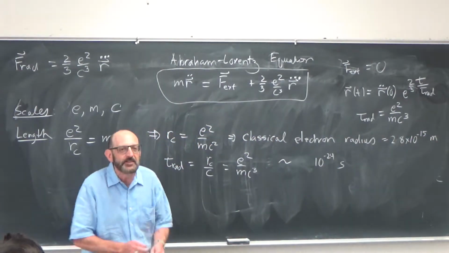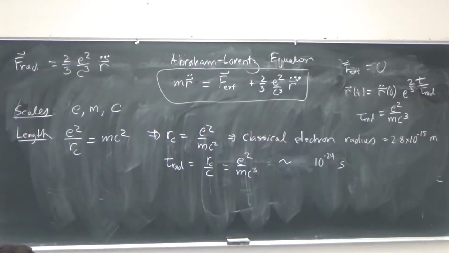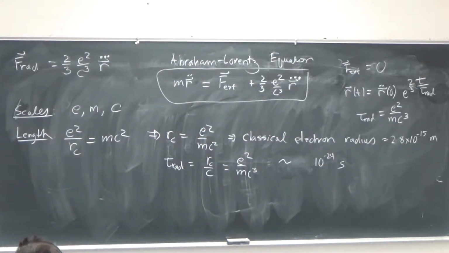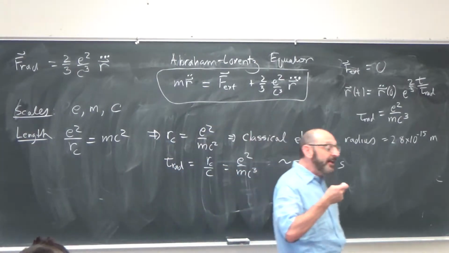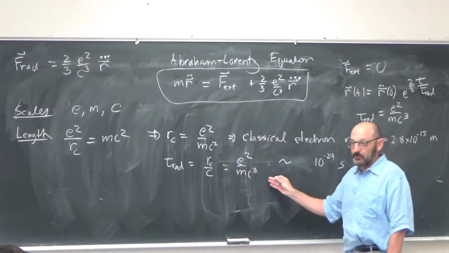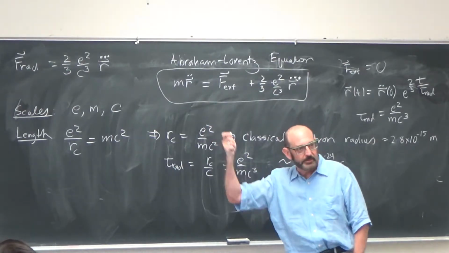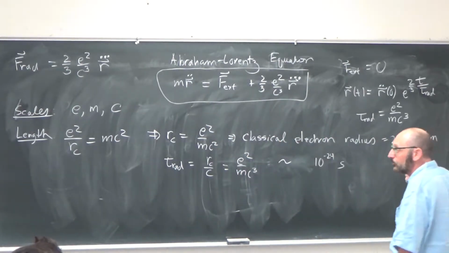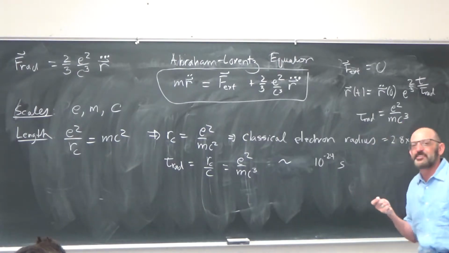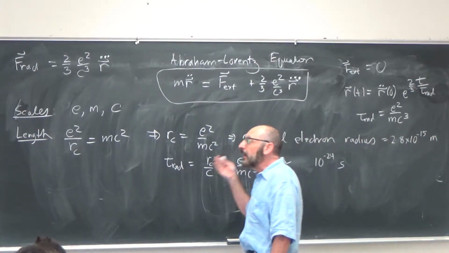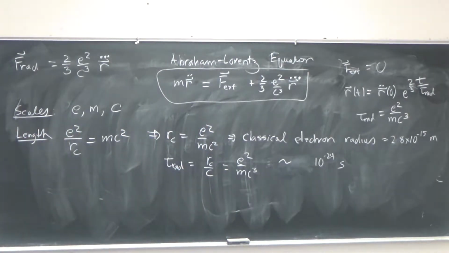It's not the point. The point is the following. If the force applied externally is such that the system doesn't accelerate very much over this time scale, so that the time it takes for the velocity to change has a characteristic time scale set by the external force, then I can think about the external force as much bigger than the radiative force, and treat the radiative force as a perturbation to the system, not on the same par.